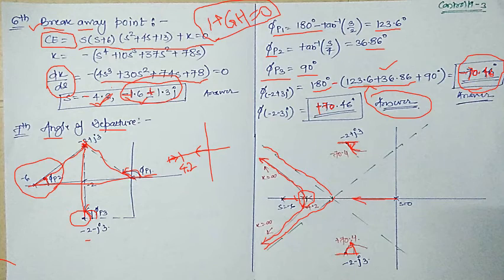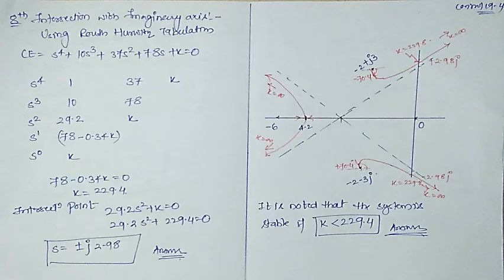Now let us complete the last portion of this root locus. You know that the root locus from these complex poles will start with minus 70 and with plus 70, but where will they coincide with the imaginary axis? That can be identified using Routh-Hurwitz tabulation.